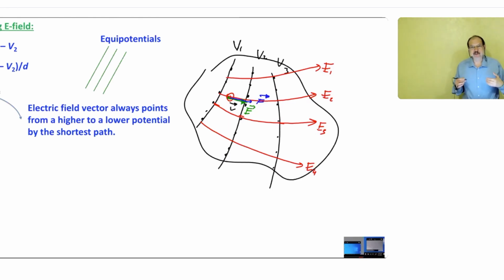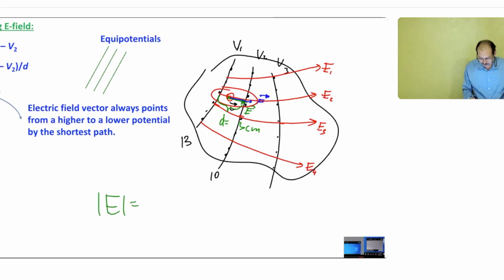And of course, we could do even more than just drawing, because if we measured electric potential at different locations, for example, it was 13 and 10, and if you find 2 locations close enough on the same line, and if you measure distance, which is about 3 centimeters, we actually can make a pretty good estimation for the electric field strength, because it will be equal to difference in potential divided by distance.